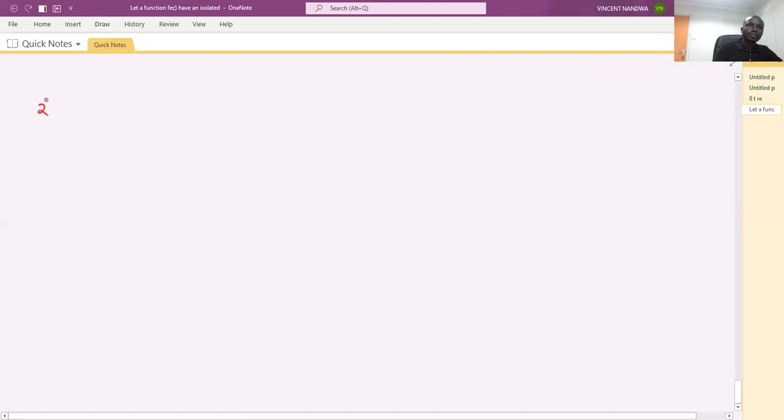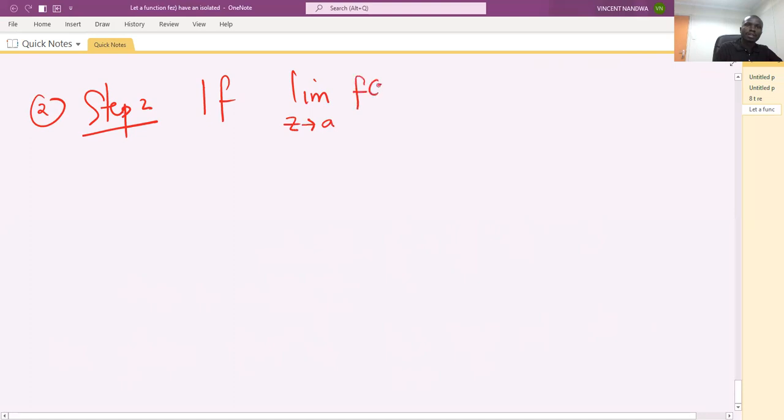Step 2, so if the limit as z approaches a of f of z does not exist, then z equals to a is an essential singular point.